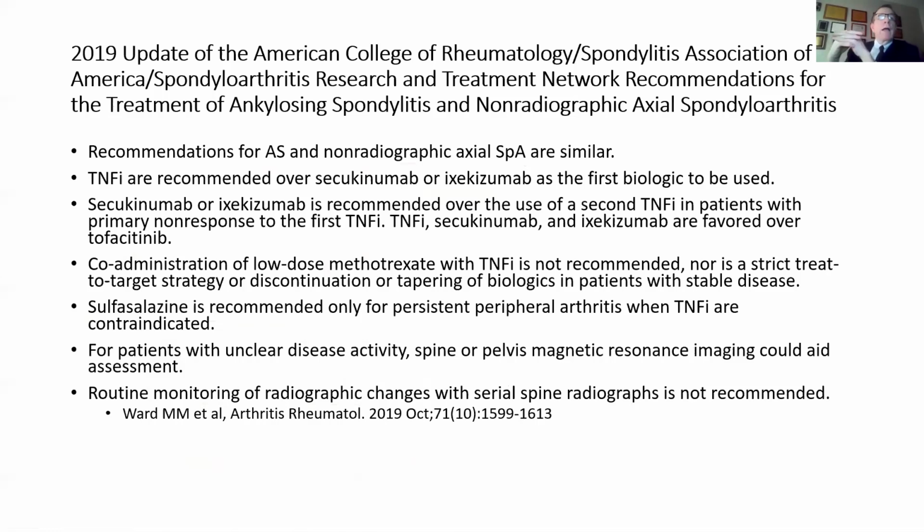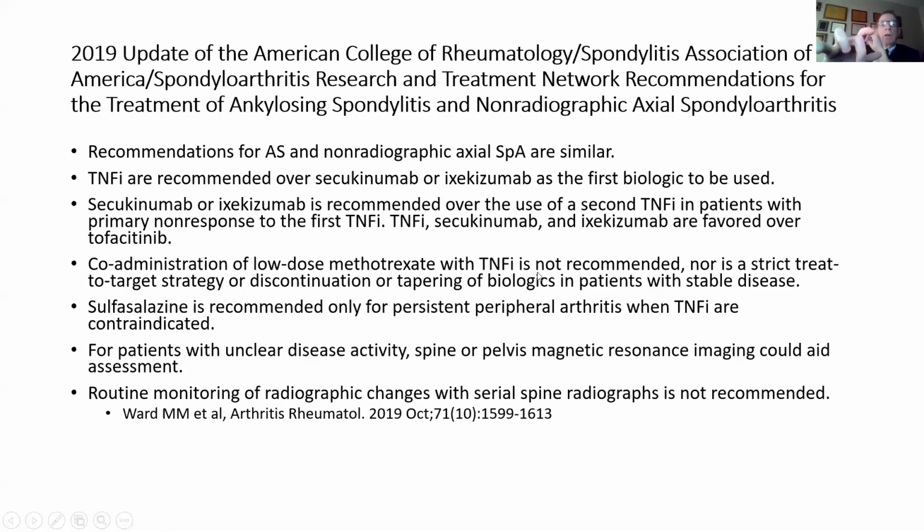This is looking at the 2019 update of the American College of Rheumatology, SAA, Spondylitis Association of America, and SPARTAN recommendations for the treatment of AS and non-radiographic disease. The recommendations for AS and non-radiographic axial SpA are similar. TNF inhibitors are recommended over IL-17 blockers. However, if the patient fails their TNF inhibitor, the recommendation is to go to an IL-17 blocker instead of a second TNF inhibitor.